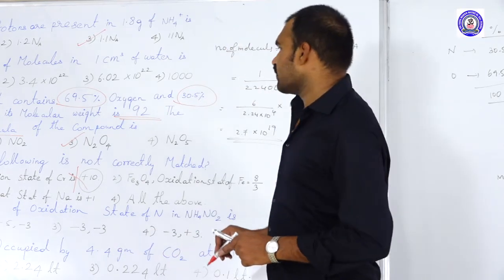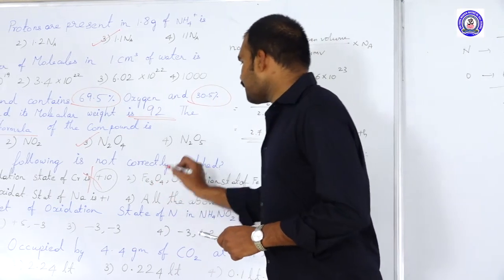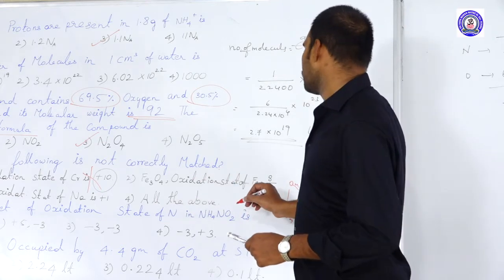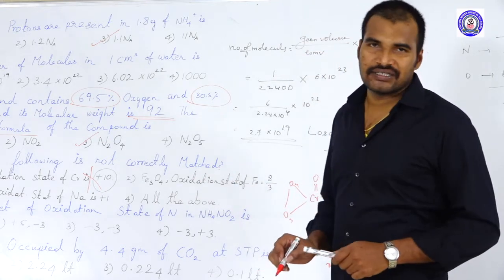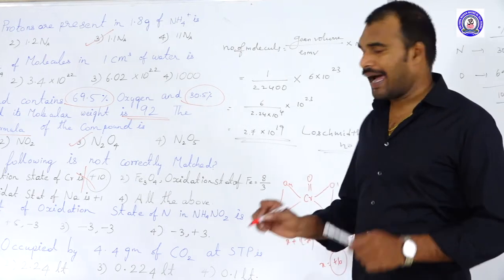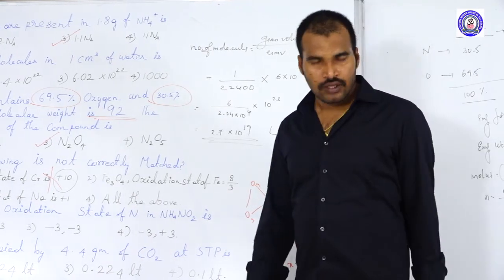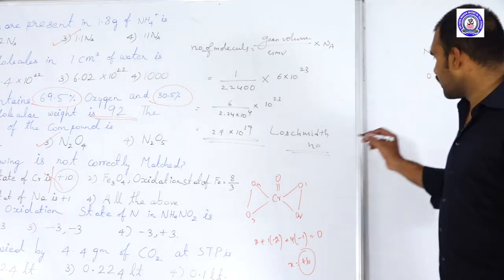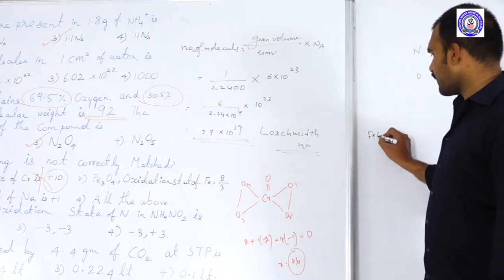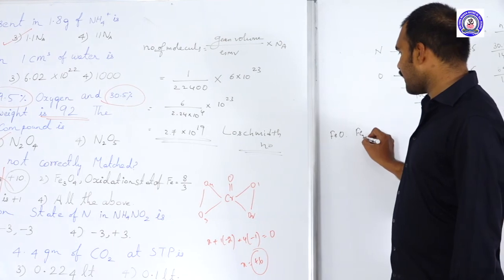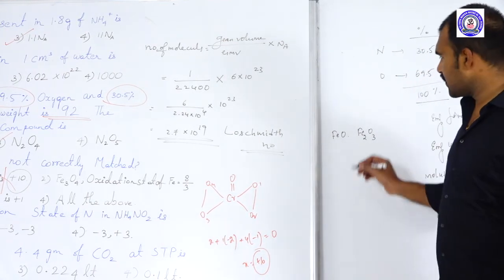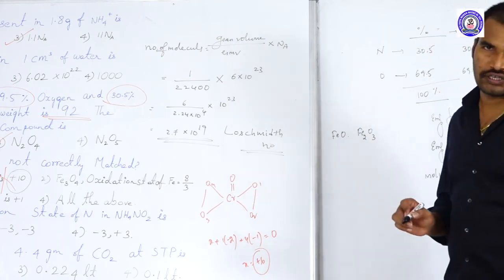Next, move to the next one. Fe3O4. The oxidation state of iron is 8/3. Actually, Fe3O4 is a mixture of FeO and Fe2O3.